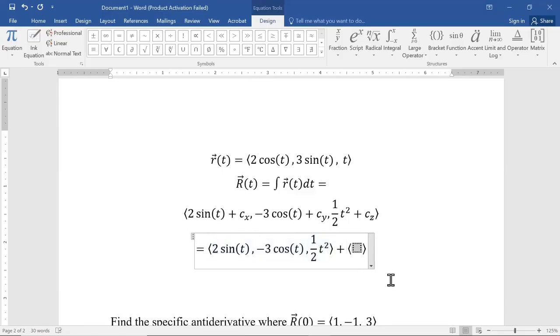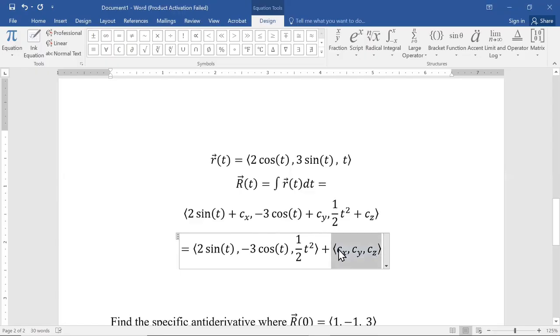And then they'd say, well, plus a constant vector. And sometimes people will write a constant vector as c sub x, comma, c sub y, comma, c sub z, like I just did.